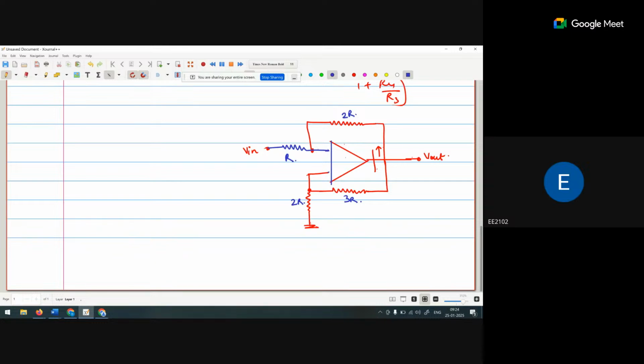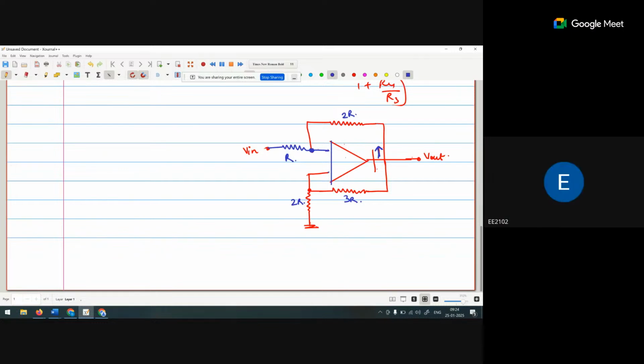Now consider the effect. Can you identify, if I increase the voltage, what is the voltage at this point? Sir, I think it will increase.